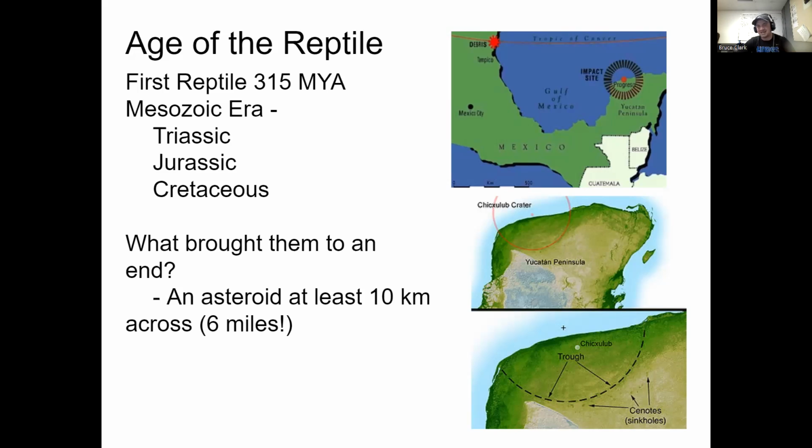And we mark the end of the Cretaceous period at this asteroid event. In the Yucatan Peninsula in Mexico, there is an impact site that shows evidence of an asteroid that was 6 miles across striking the Earth.